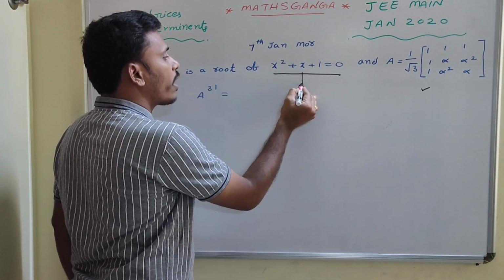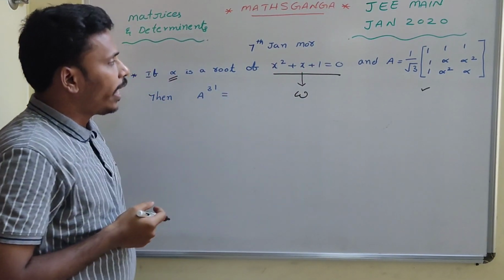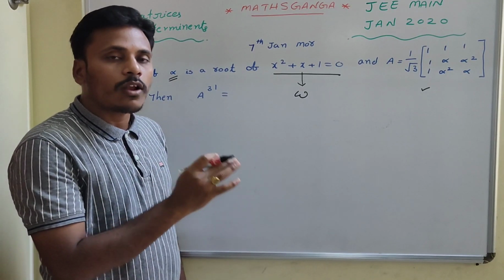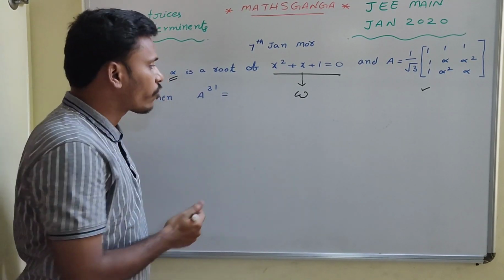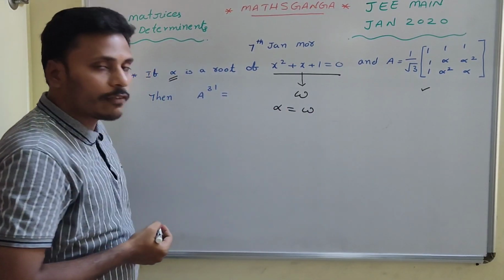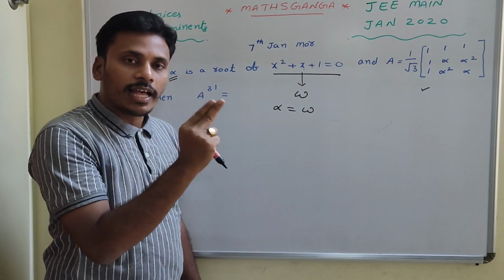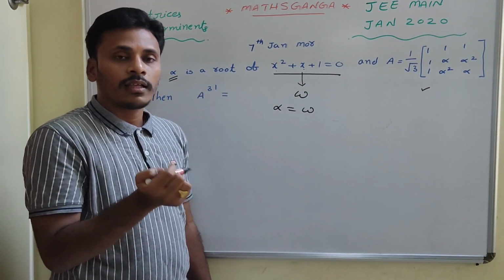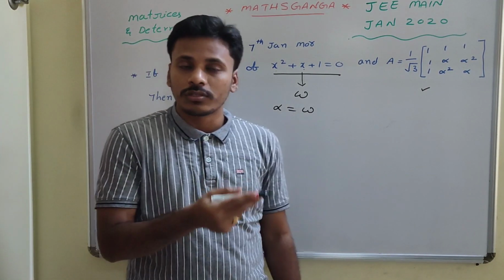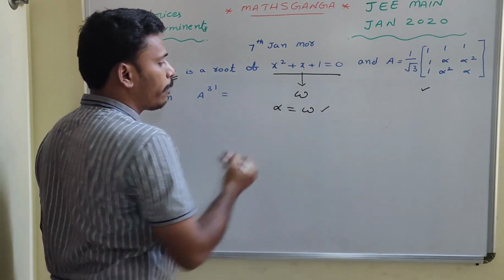It is very clear from the quadratic that omega and omega square are the roots of x square plus x plus 1 equals 0. If you solve it, the roots are minus 1 plus or minus root 3 i by 2, and we know that those roots are omega and omega square. For instance, here you just take alpha equals omega.